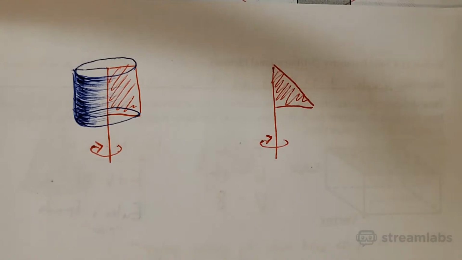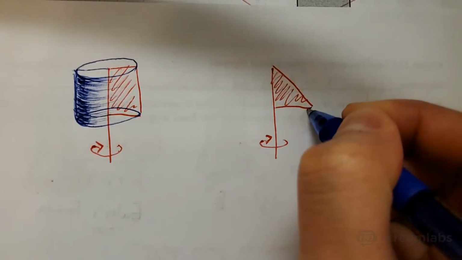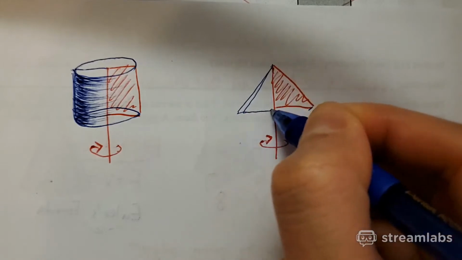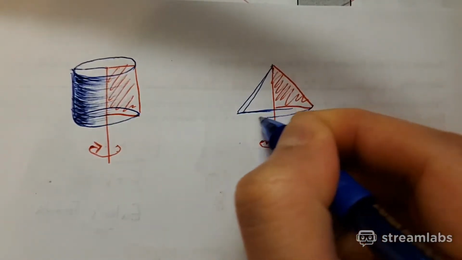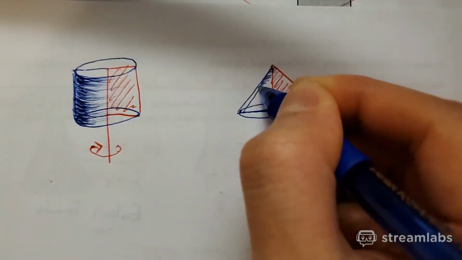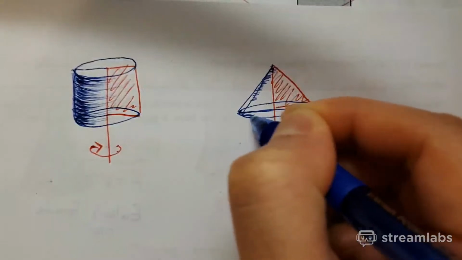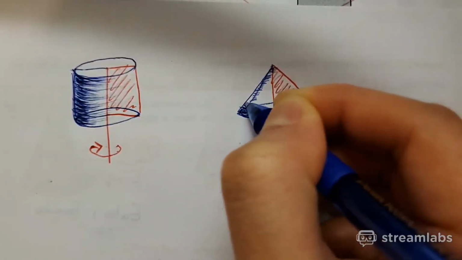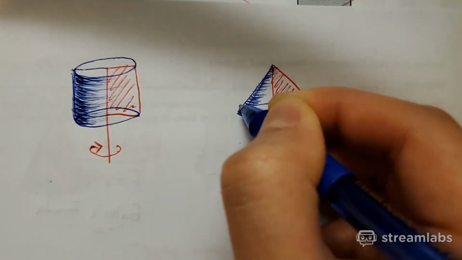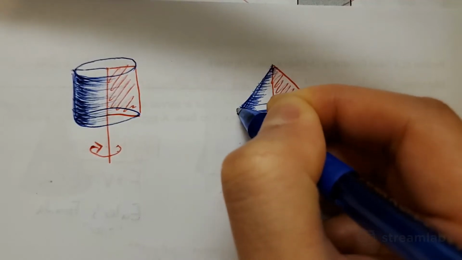Okay. That's what it should look like. And similarly, here you should be able to form a cone. Oops. Like a little more extended, I guess. Like this, right? And you should be able to see a cone forming.